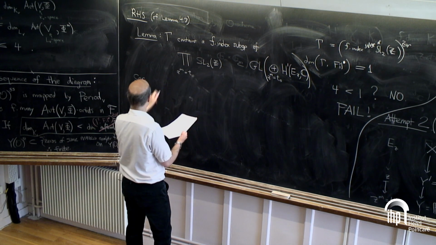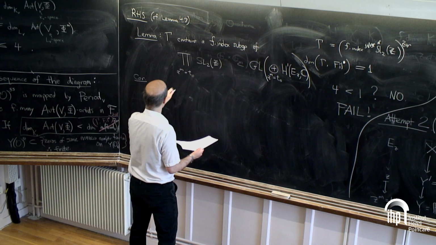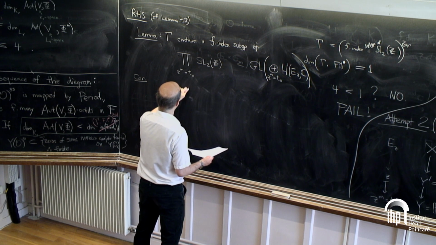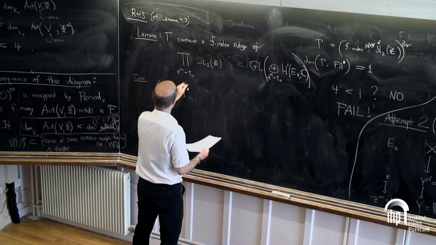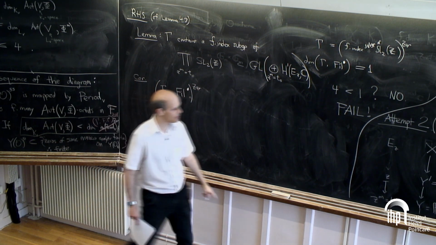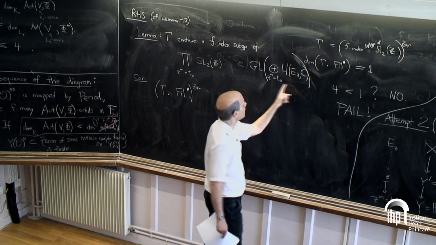So now if you act by this on the Hodge filtration, what does the Hodge filtration for a fiber of this look like inside this vector space?